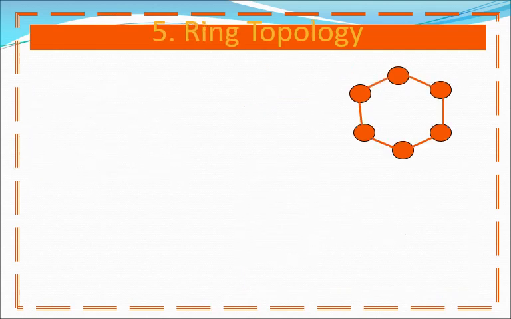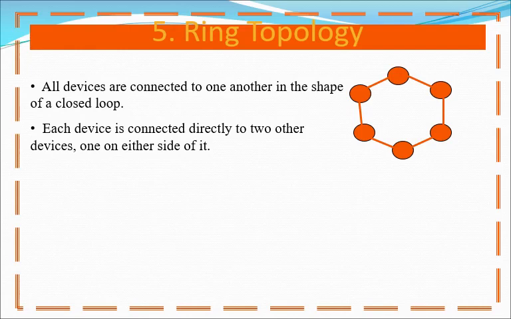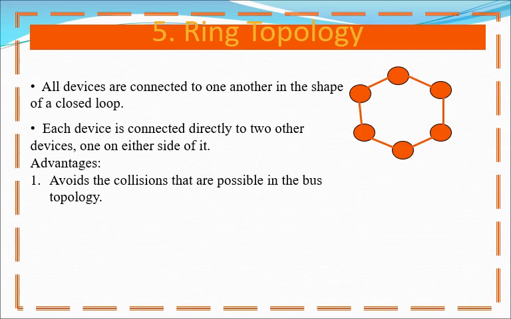Next, let us see the ring topology. Here, all the devices are connected to one another in the shape of a closed loop. It looks like a ring. So here, each device is connected only to the two devices on either side. The advantage of this ring topology is that it avoids collision, since the devices are connected only on either side.